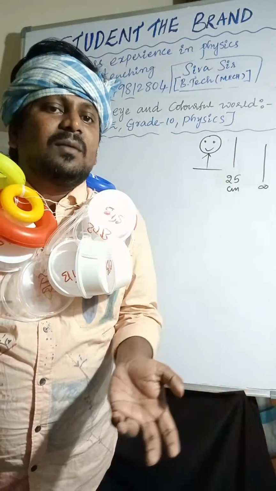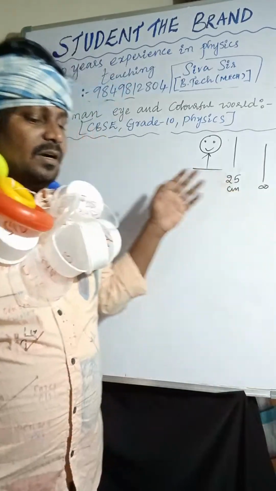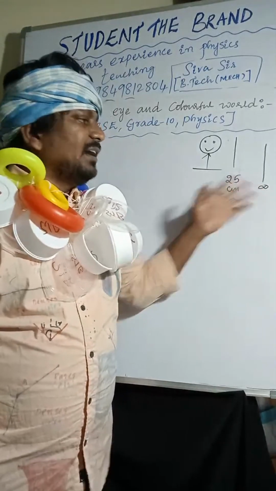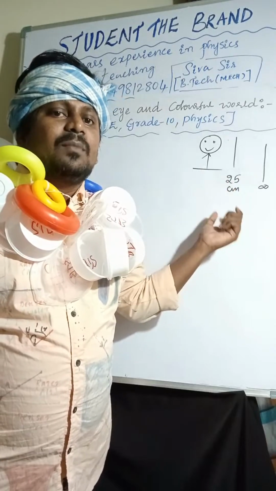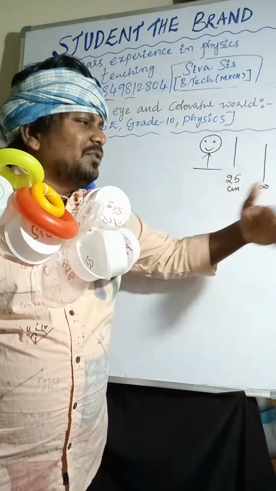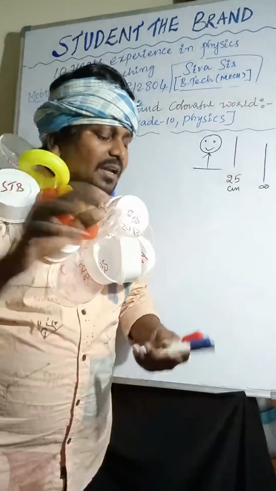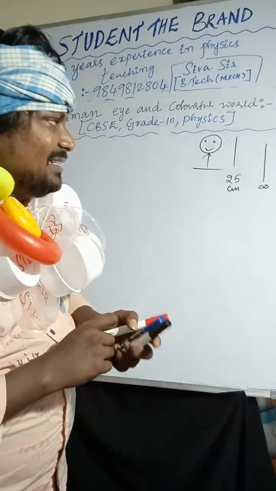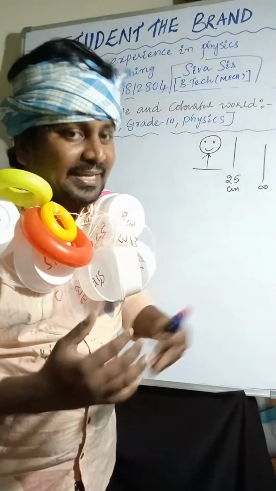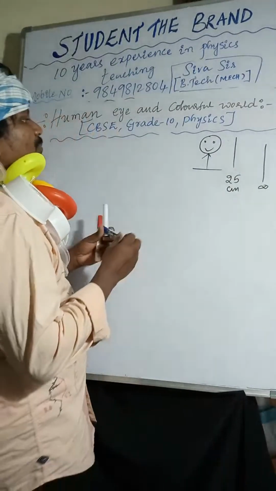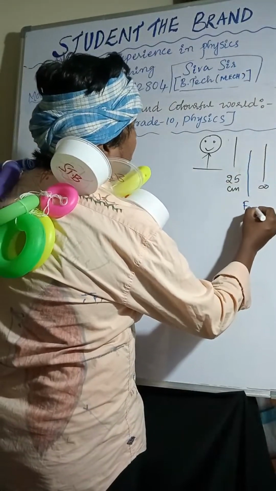Only up to a certain distance can he see; he can't see the far point. Yes or no? Between 25 centimeters and that limit he can see.